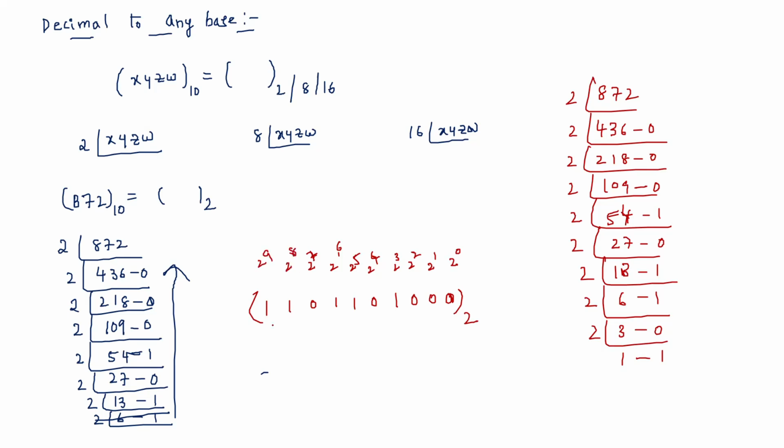So 2 power 9 is 512 and 2 power 8 is 256. 512 plus 256 is 768. 768 plus 64 is 832. 832 plus 32 is 864. 864 plus 8 is 872.